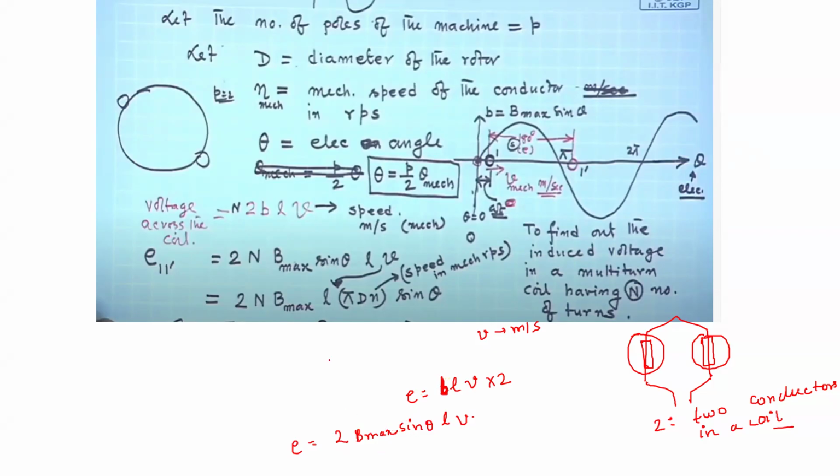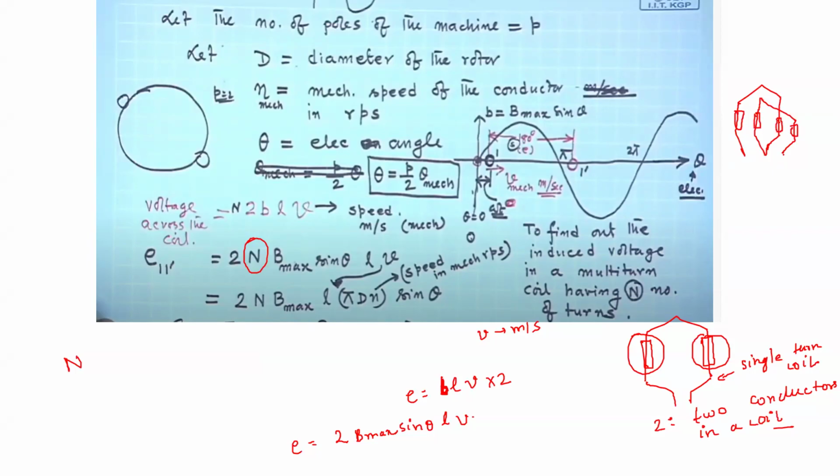Now, another thing is, what is this capital N? This capital N means the number of turns. If there is only a single turn coil, but if it is a multi-turn coil having capital N number of turns, say two turns, then how many conductors will it have? It will have 2 into 2, 4 conductors.